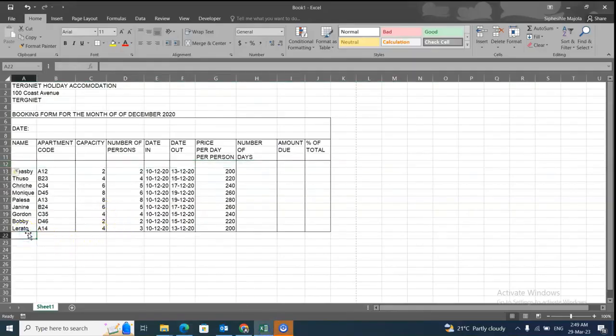So 22 would be total amount due, and then 23 would be highest number of days, 24 lowest price per person, 25 average of percentage of total.